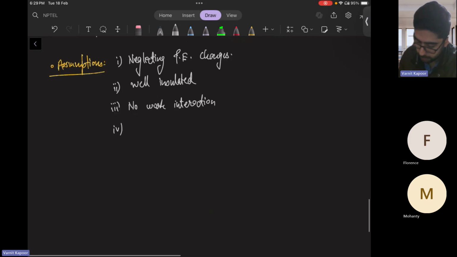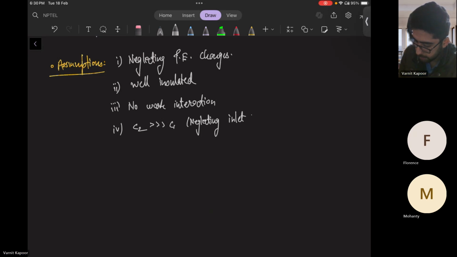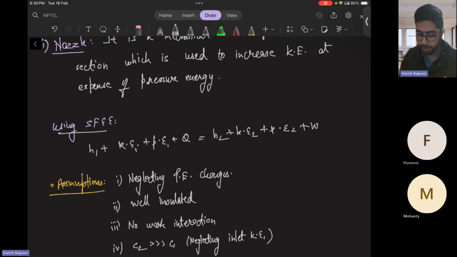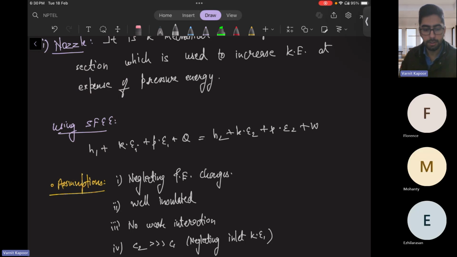And fourth is C2 much greater than C1, so neglecting inlet kinetic energy. Now use all these assumptions and put them into the steady flow energy equation.